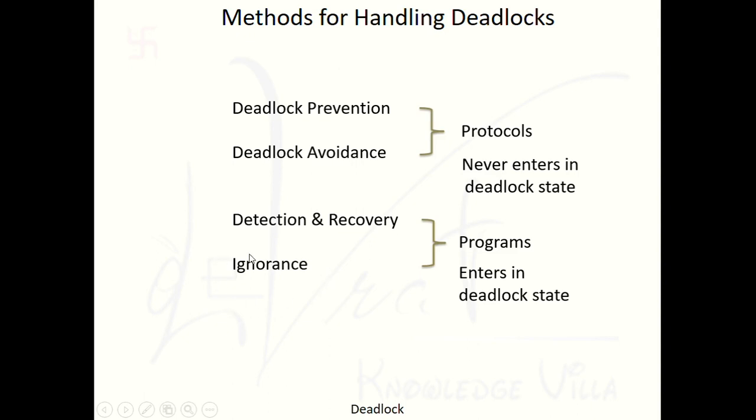And the last one is ignorance. Some countries are doing nothing. It means they are not serious about human death or the death of their citizens. They leave the country to whatever situation arrives. Get it? So I hope you are able to differentiate prevention, avoidance, deadlock detection and recovery, and ignorance.